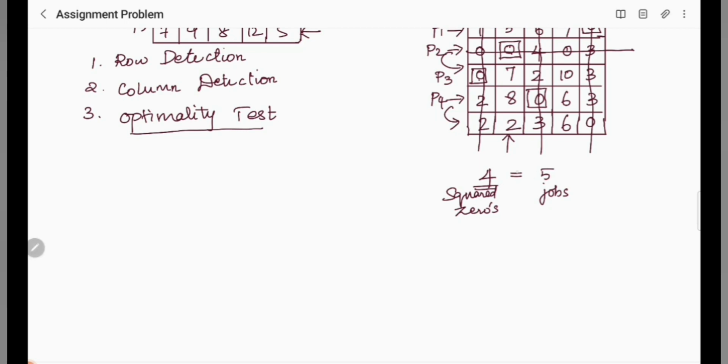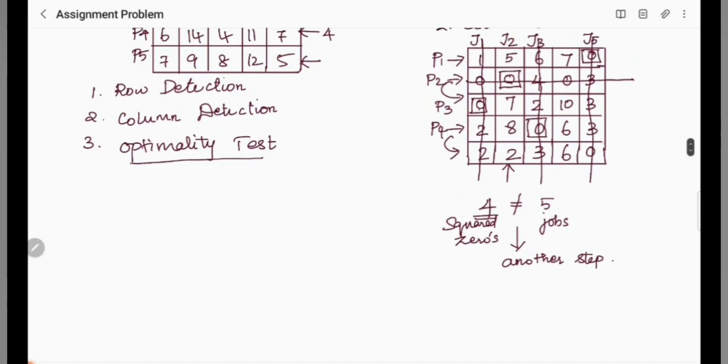If they don't match each other, then we have to move to another step with the help of the matrix we obtained earlier in the last step. In this matrix, we have to find the minimum number.